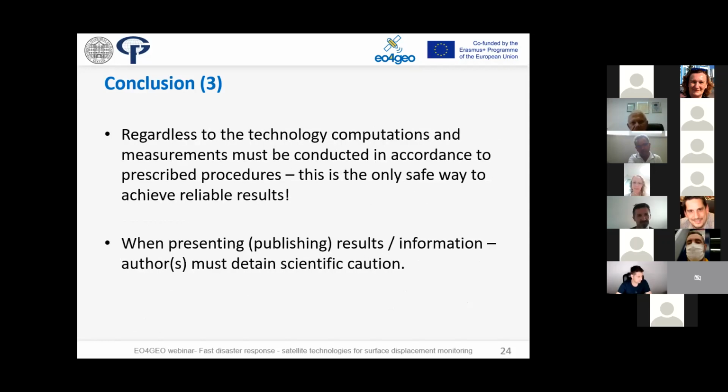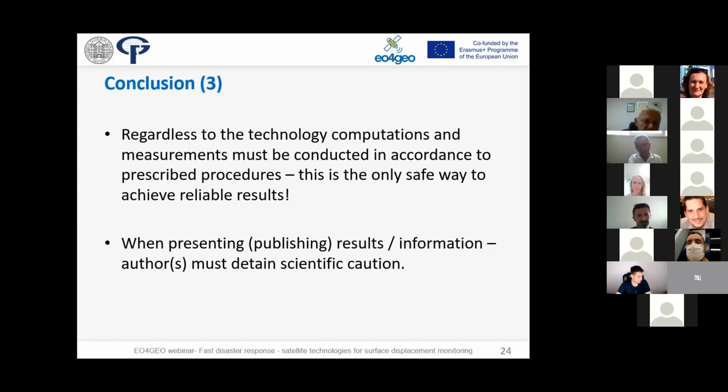And finally, regardless of the technology, the computations and measurements must be conducted in accordance with the prescribed procedures. This is really the only safe way to achieve reliable results.